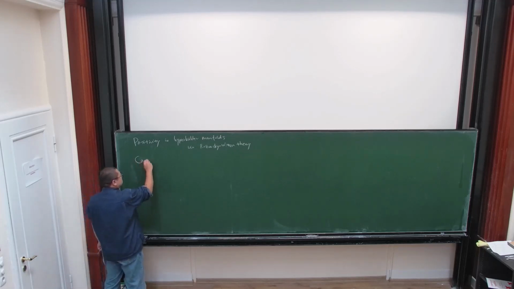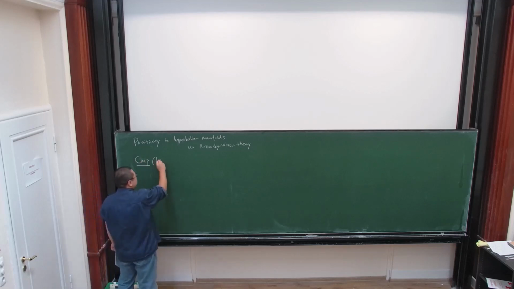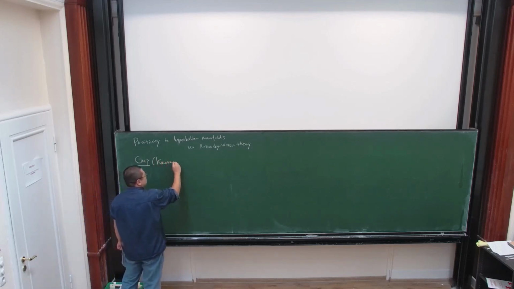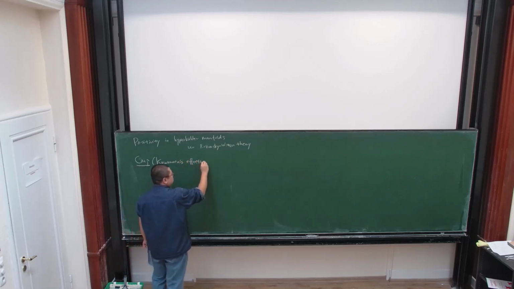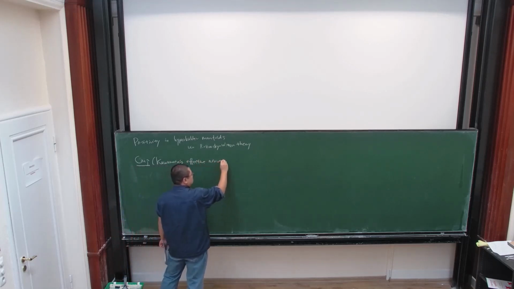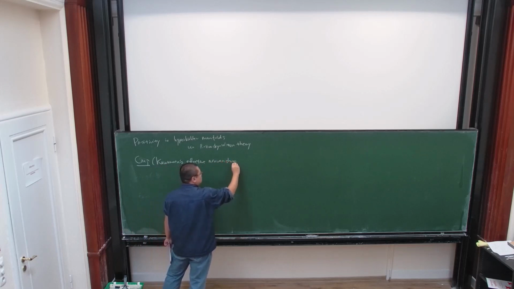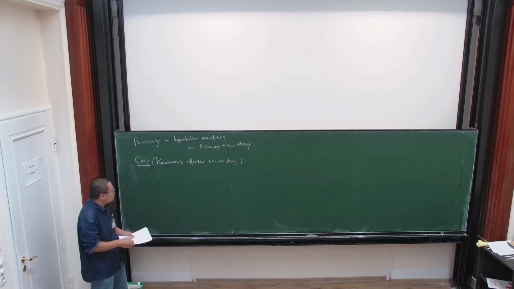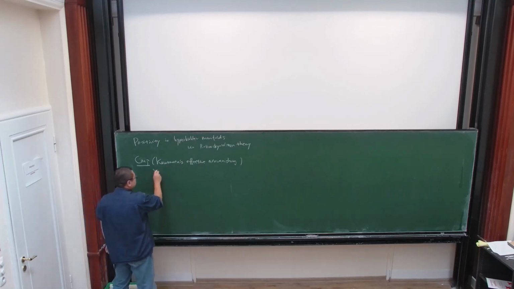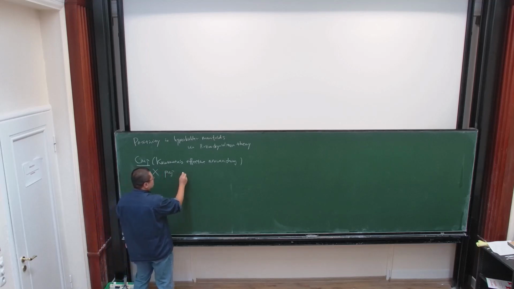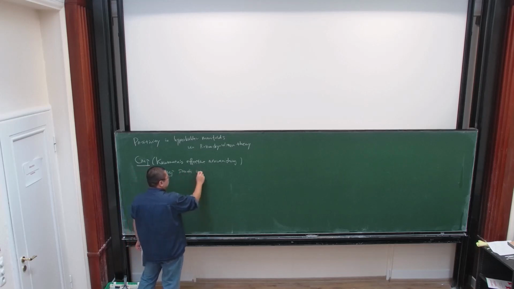There's a conjecture by Kawamata, it's called Kawamata's effective non-vanishing. Here I'll just give a very simple version. It says that if we consider X to be a projective, let me just assume it's smooth, variety.